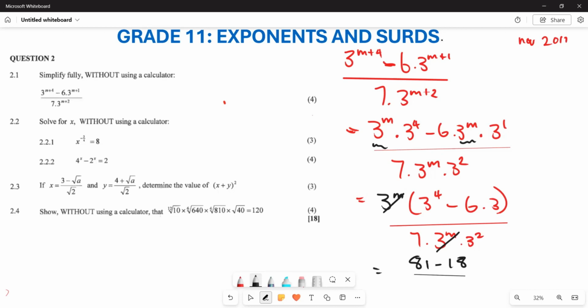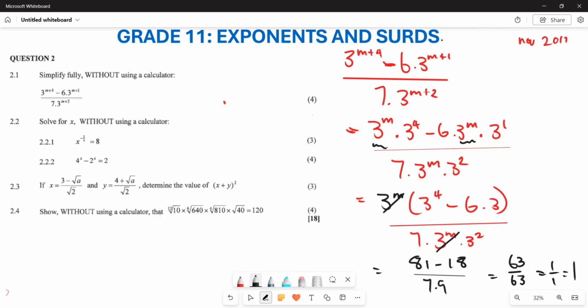In your denominator, you are left with 7 multiplied by 9, and 7 multiplied by 9 is 63. So here you have 81 subtract 18, which is 63, and so 63 divided by 63. The answer is 1 over 1, which is equal to 1. That is how you solve this type of question.